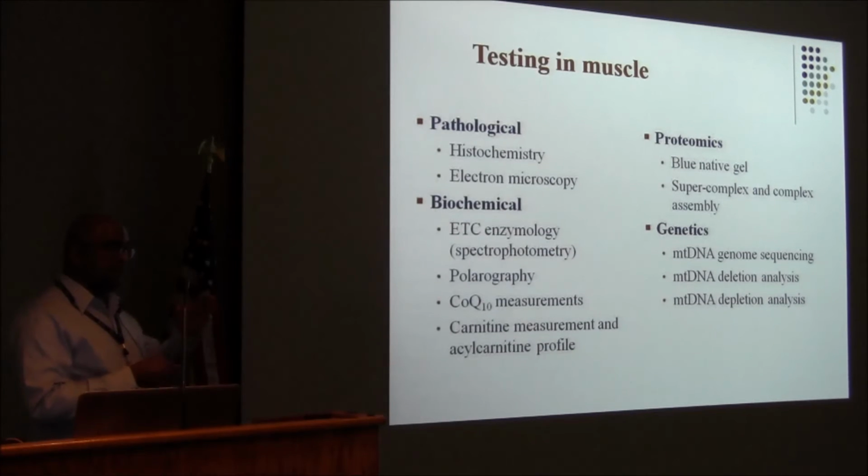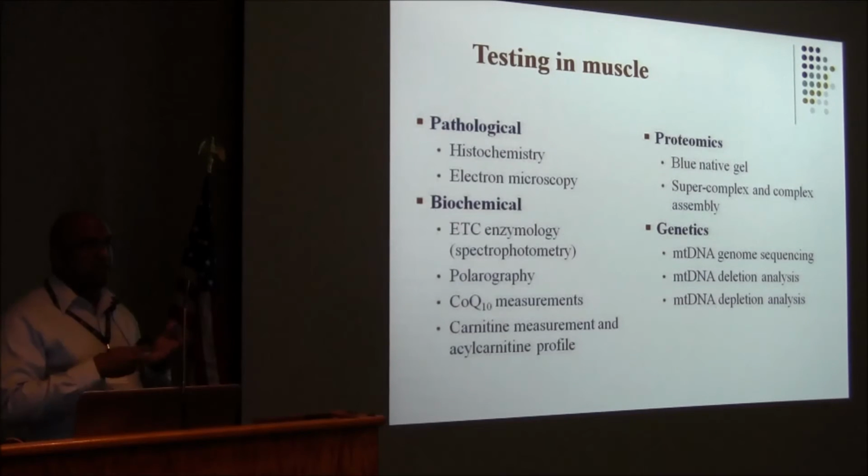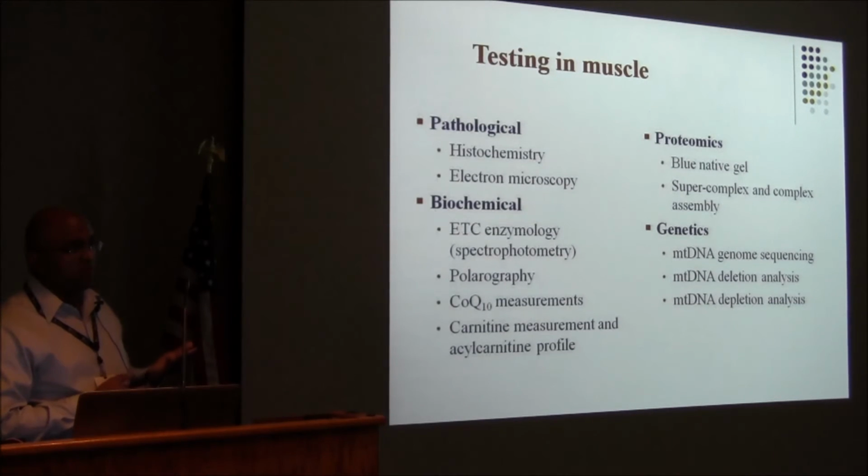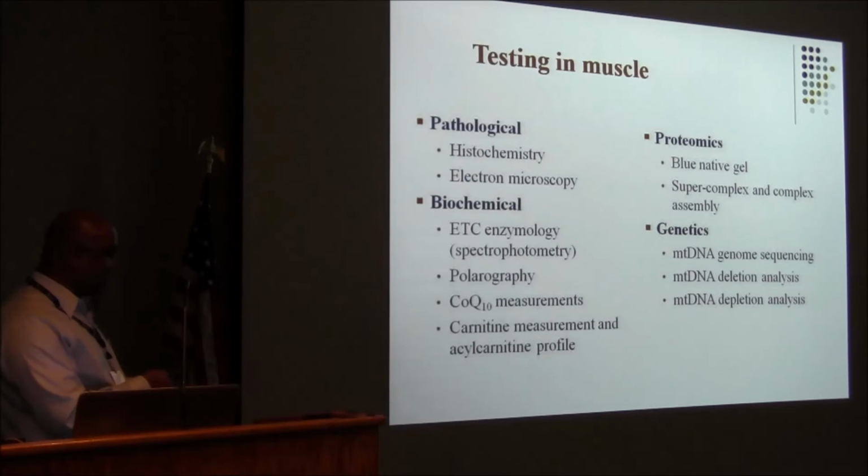So the electron transport chain, the 1 to 5, it looks at the formation of those complexes, and also these complexes form supercomplexes. For example, 1 and 3 together form a supercomplex. So any disruption in this complex formation can also cause mitochondrial disorder. That's what you'll be looking at using this technology.